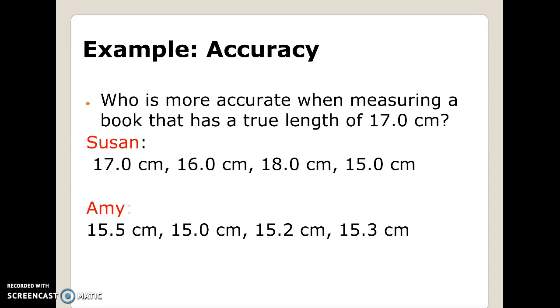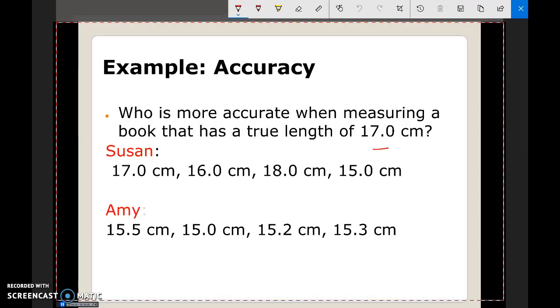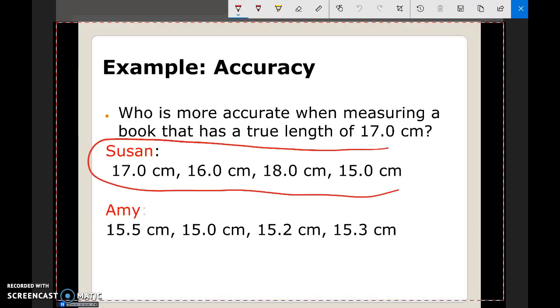So if we look at these numbers, the question is, who is more accurate when measuring a book that has a true length of 17.0 centimeters? If we look at the average of them, you can see that the first measurements, Susan's work, are in the range from 15 to 18.